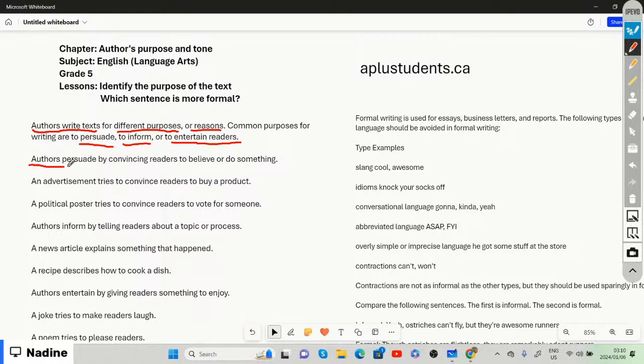They persuade readers by convincing readers to believe or to do something. So depending on the type of story that you are reading, right? Subtly, they are persuading us or convincing the readers to either believe something or to do something based on the book or based on the text.